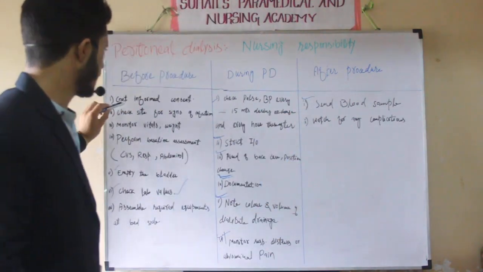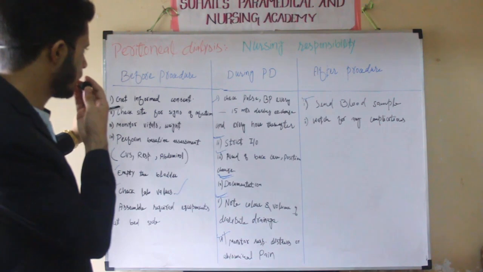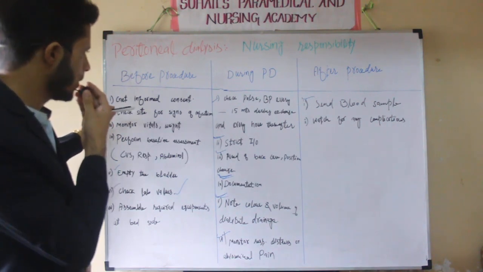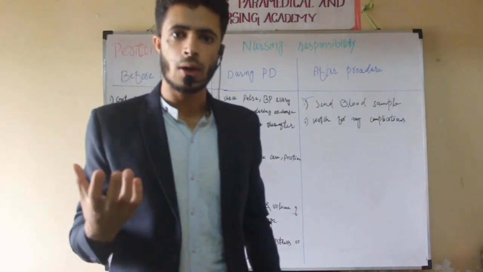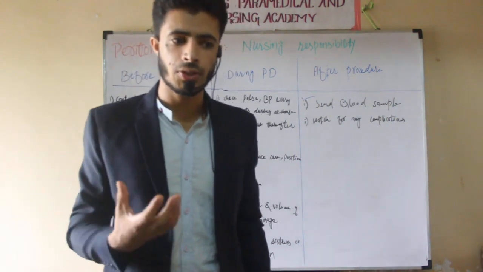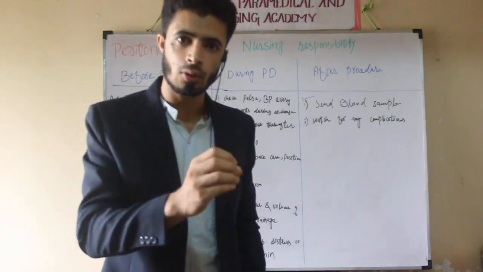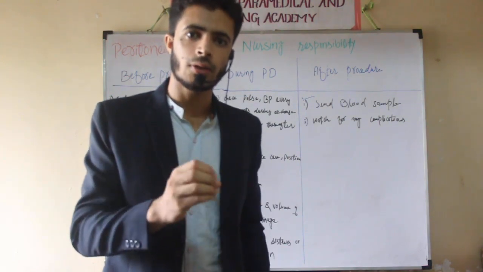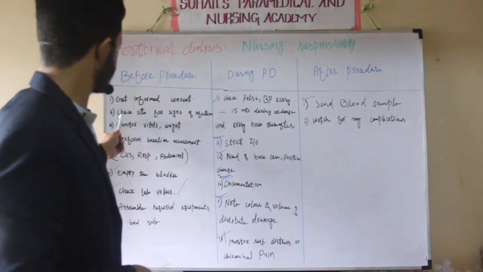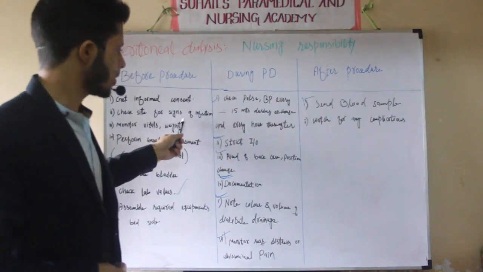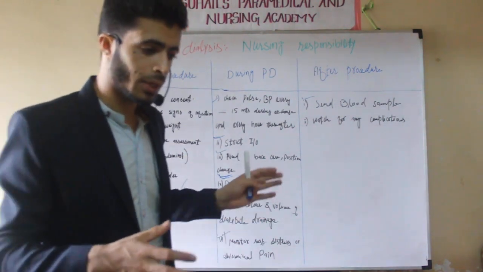First, get informed consent from the patient. We have to get the informed consent before we do the procedure. That means we have to get consent from the patient on whether we should do this procedure or not. Why is consent important?